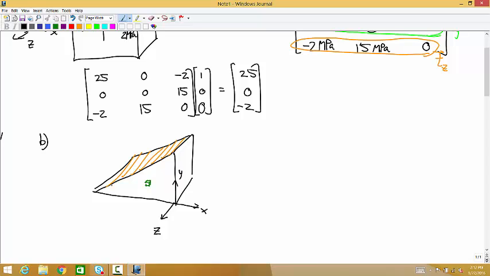And then to solve, we multiply the stress tensor by the normal vector. Our stress tensor is 25, 0, negative 2, 0, 0, 15, negative 2, 15, 0.